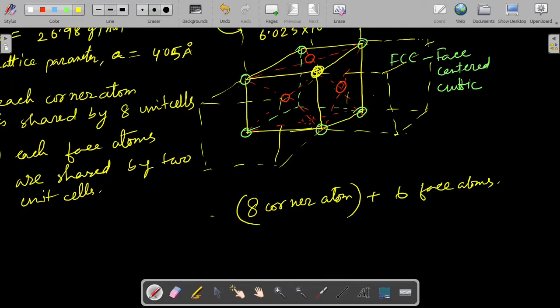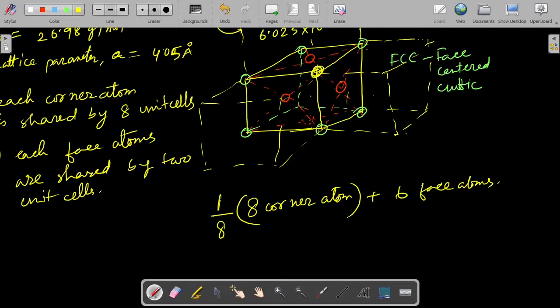So how much of this corner atom is attached to this unit cell? 1 over 8 into 8 corner atoms.